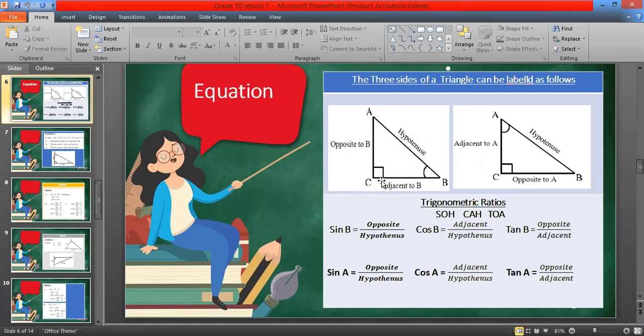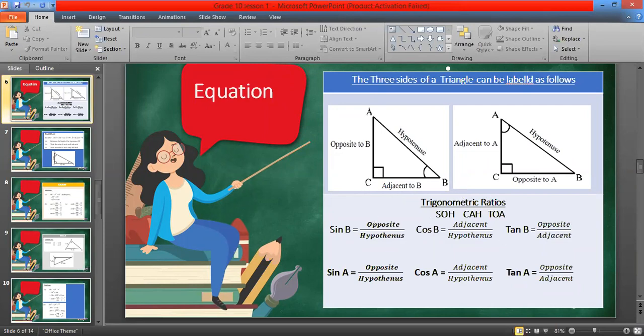What's our adjacent? BC over the hypotenuse AB. That's our cos B. And our tan B is opposite over adjacent, TOA, so our opposite AC and our adjacent BC.